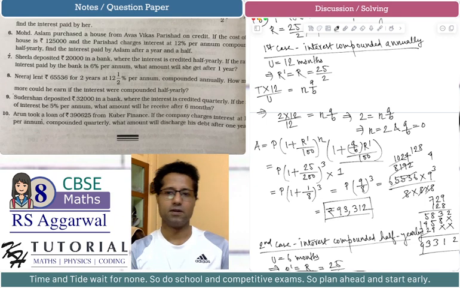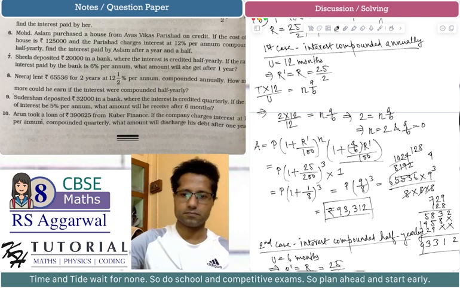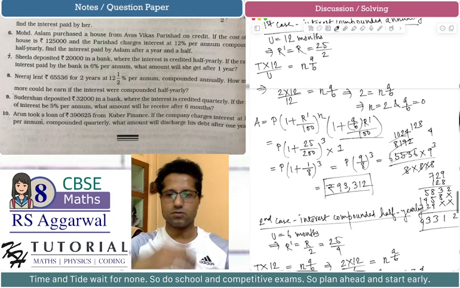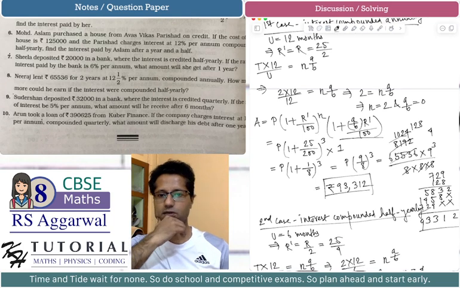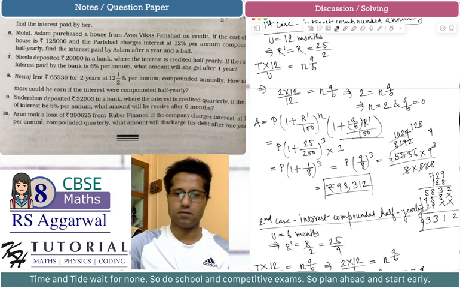So t multiplied by 12 divided by u should be equal to n and a by b. So t is 2 years, so 2 multiplied by 12 divided by 12 is equal to 2. So n is equal to 2, and the fraction a by b is 0. So the formula becomes A is equal to P into 1 plus r dash, which is 25 by 2. So 25 by 200 whole to the power, oh sorry, this was to the power 2, not cube. This was square.